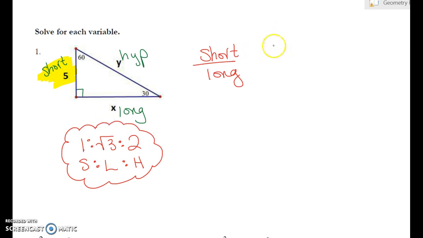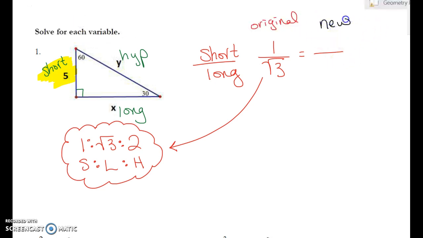On my original ratios, my short is 1 and my long is square root of 3. Now I go to my new. On my picture, my new short is 5, and my new long leg is X.